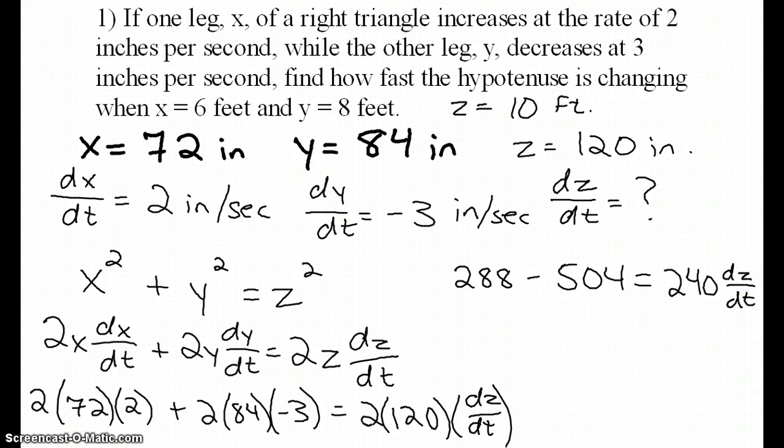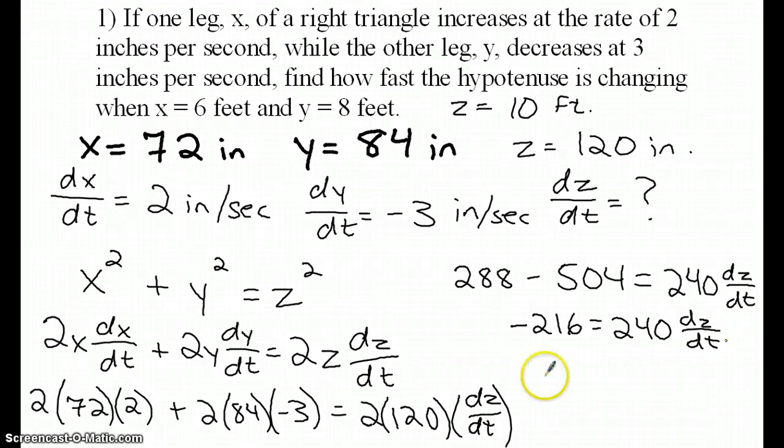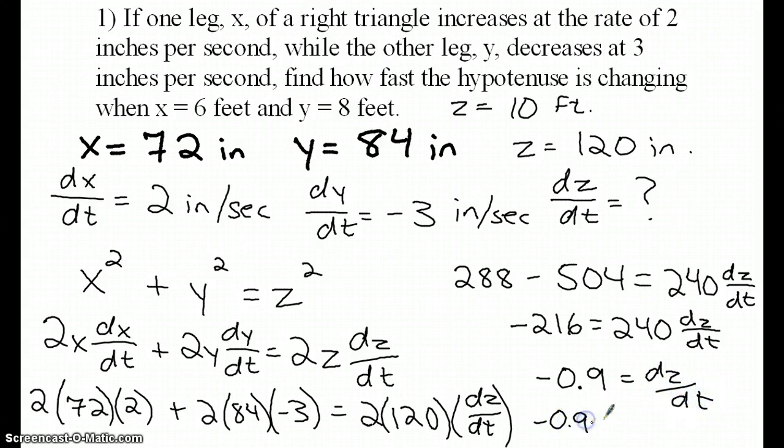Finally, we get negative 216 equals 240 dz/dt. We divide both sides by 240, and we find that the hypotenuse is changing at a rate of 0.09 or 9/10 inches per second. I'm sorry. So that's negative 0.9 inches per second.